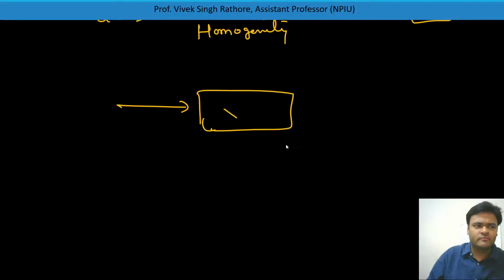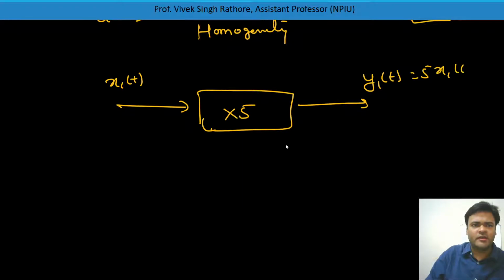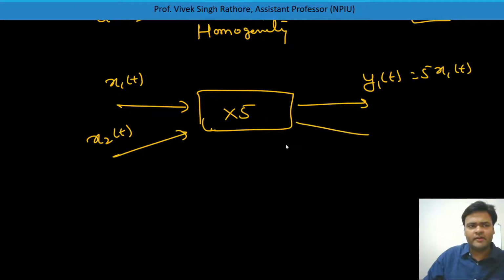Now the second condition. If we are giving the same system, which is multiplying 5 with it, x1(t), you will get y1(t) as 5 of x1(t). Now if the same system is given input x2(t), it will again multiply 5 and create y2(t) equal to 5 into x2(t).